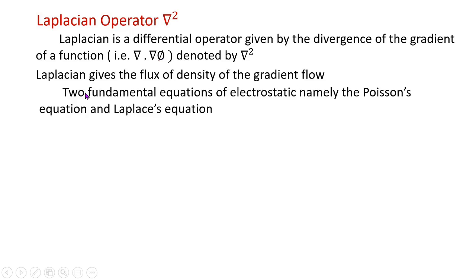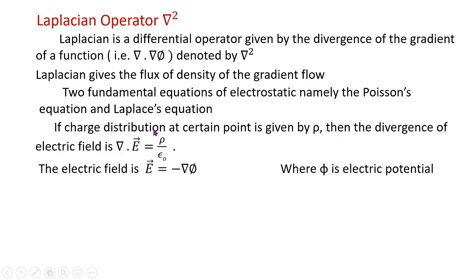Get this point clear with two fundamental equations of electrostatics, namely Poisson's equation and Laplace's equation. If charge distribution at a certain point is given by rho, that is charge density, then the divergence of electric field, del dot E bar, is equal to rho upon epsilon 0.